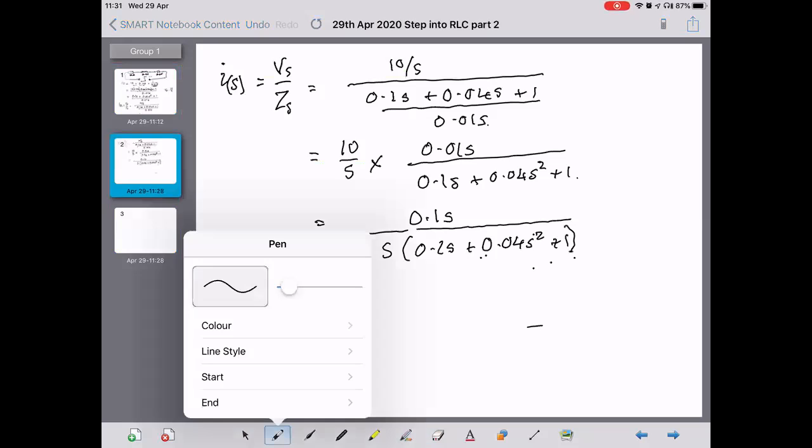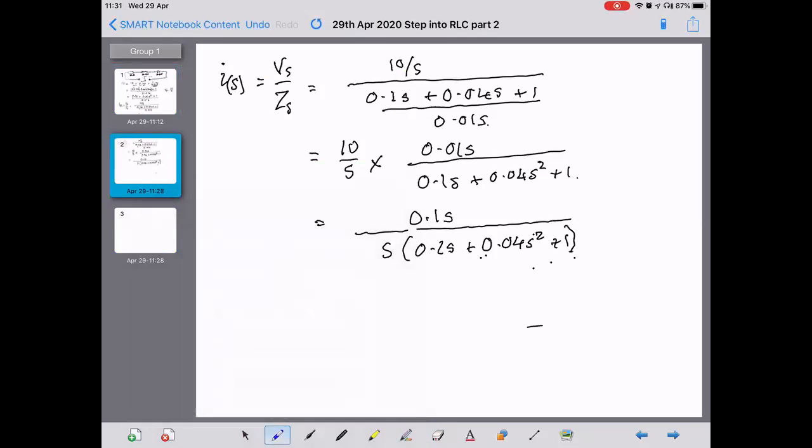What can we do then? No need to expand it, is there? Get rid of common ones? You've got S divided by S here. Hang on, let me undo that.